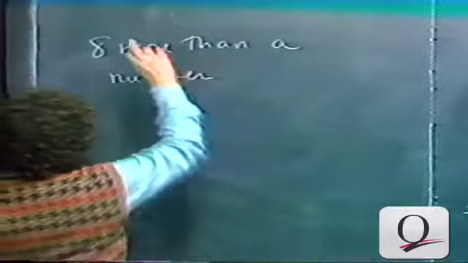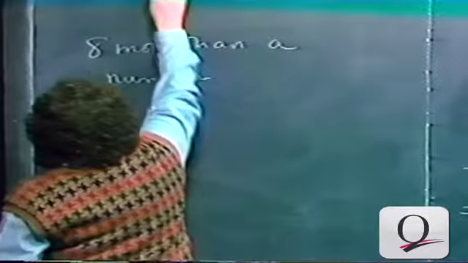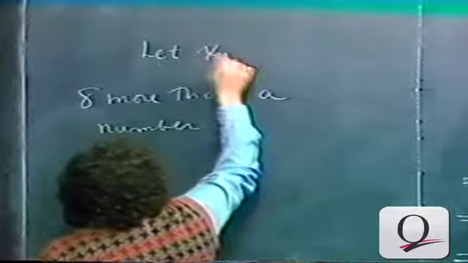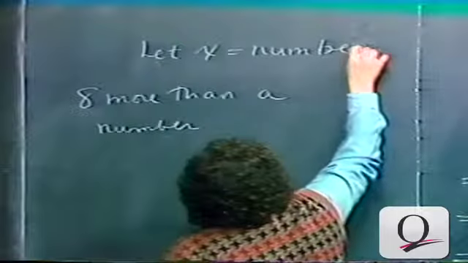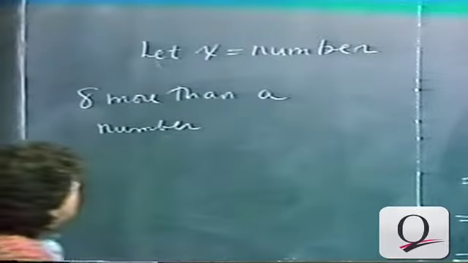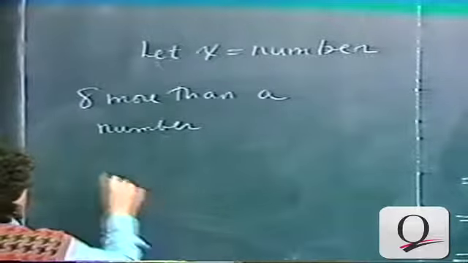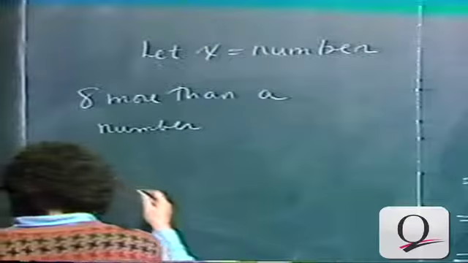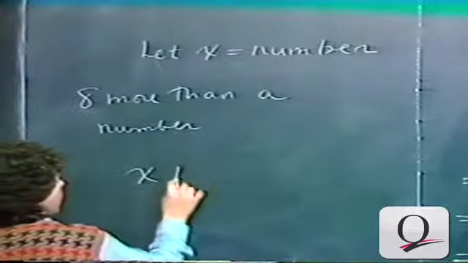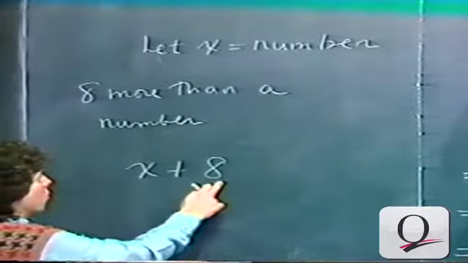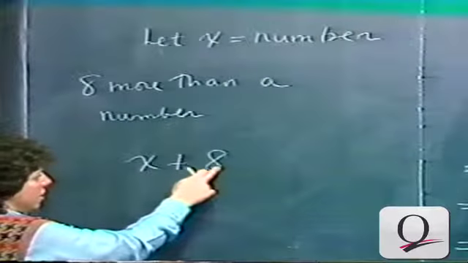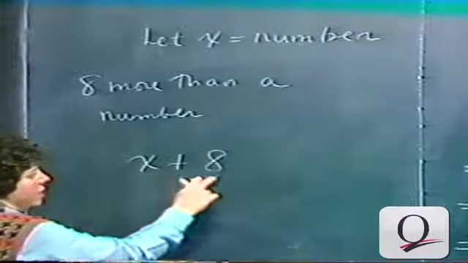If we call, in these examples, x the number, let x equal the number in question, 8 more than a number x. This can be written as x plus 8. 8 more than the number x. 8 more than x, x plus 8.